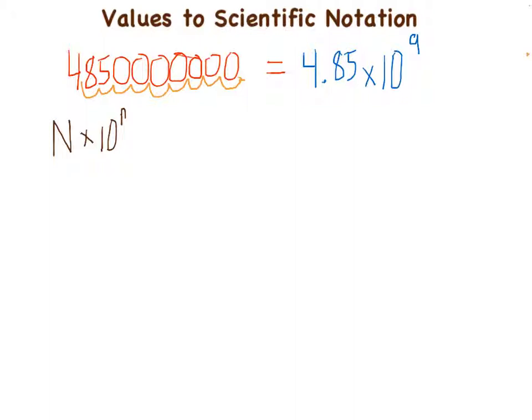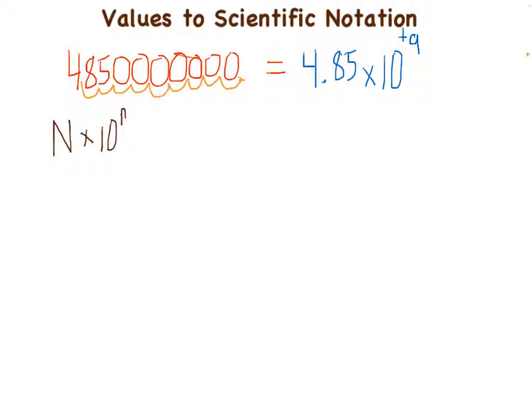Now you're thinking, is it going to be positive or negative? There are 2 ways you can think about this. One way, if you want to memorize, is we're converting the values to scientific notation, and since we moved the decimal to the left, it's going to be positive. That's going from values to scientific notation. So that's a way you can memorize that it's going to be positive. Another way is to think, this number that we started off with is a big number. That's bigger than 4.85.